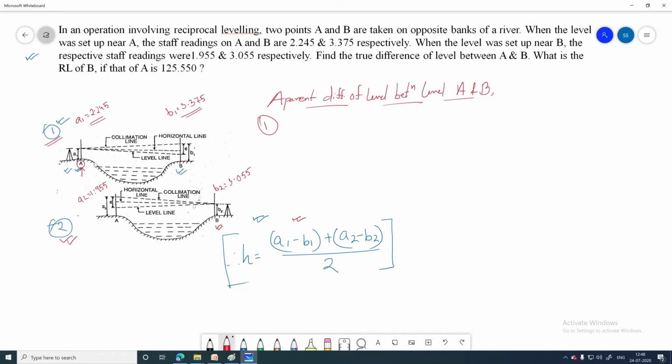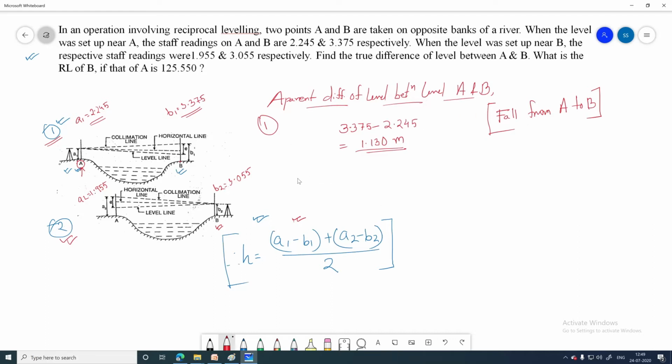So we can say there is a fall from A to B, and the apparent difference of level between A and B will be 3.375 minus 2.245, that means 1.130 meter.